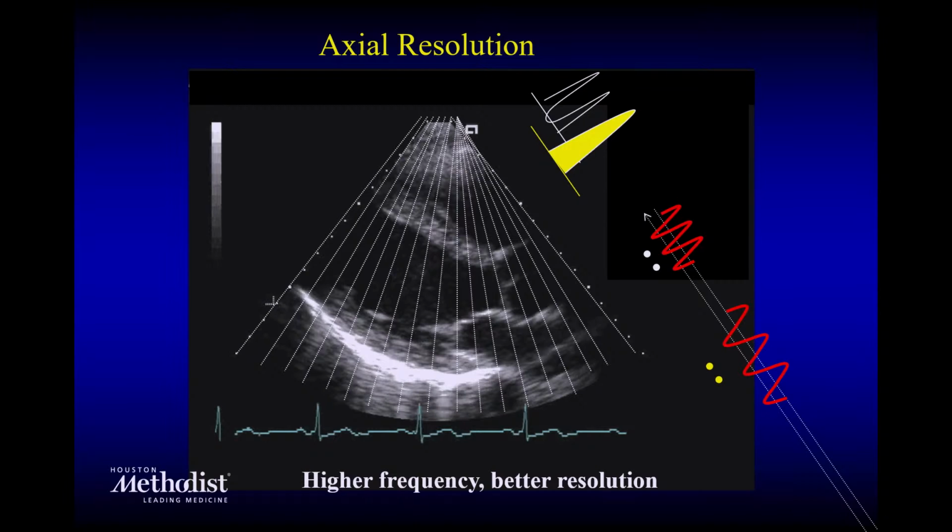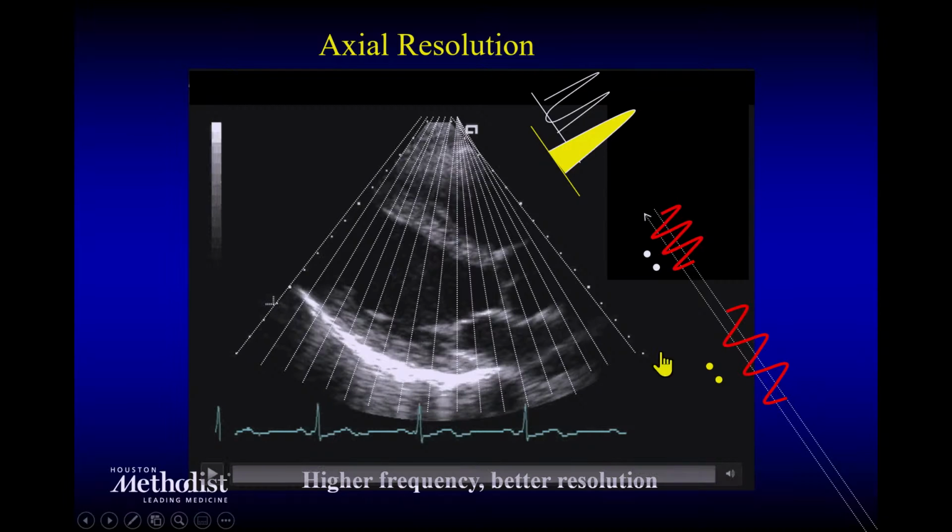So a few important things for you regarding resolution of the images that you're assessing. If you're looking at axial resolution, basically in this axis here, if I want to resolve two different dots, saying that this dot is a little different than this dot, the higher frequency I have, obviously I'll be able to resolve these two dots better than if I have a lower frequency transducer.